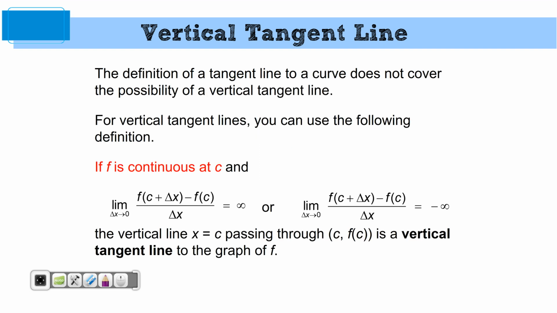How do you know when you have a vertical tangent? It's when one of those two things pop up. When you plug that stuff into the difference quotient with the limit, and you get infinity or negative infinity, you'll have a vertical tangent. The end of semicircles, the end of a square root function, the top half of the sideways parabola, back at 0 there, would also have a vertical tangent line.